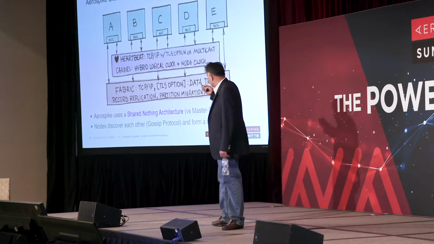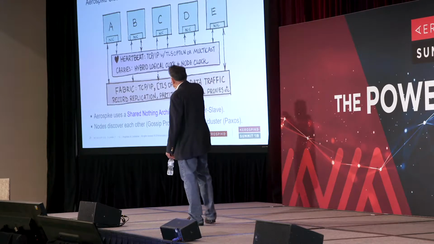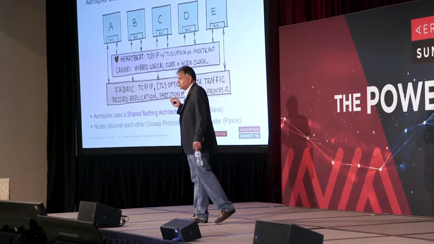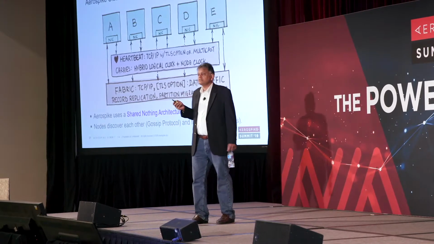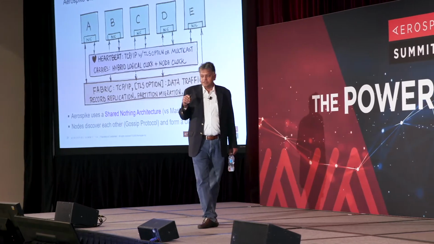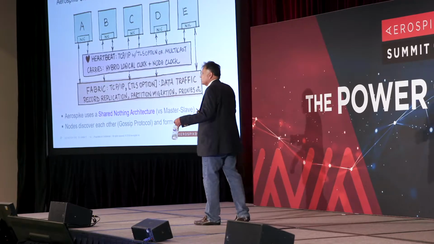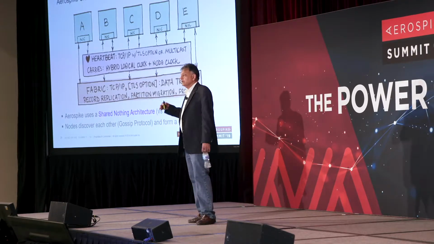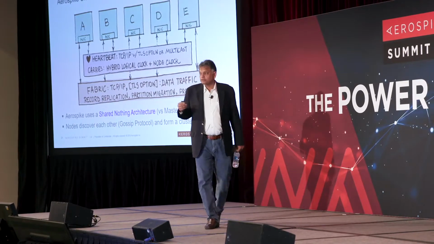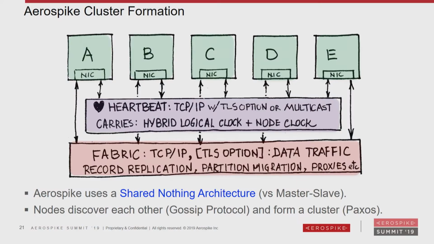In this clustering algorithm, the nodes discover each other through the gossip protocol. Each of them sends to the other nodes the adjacency list: I know these nodes around me. They all figure out, okay, we are the cluster, and then they elect a Paxos principal, and the cluster is formed through the Paxos algorithm.